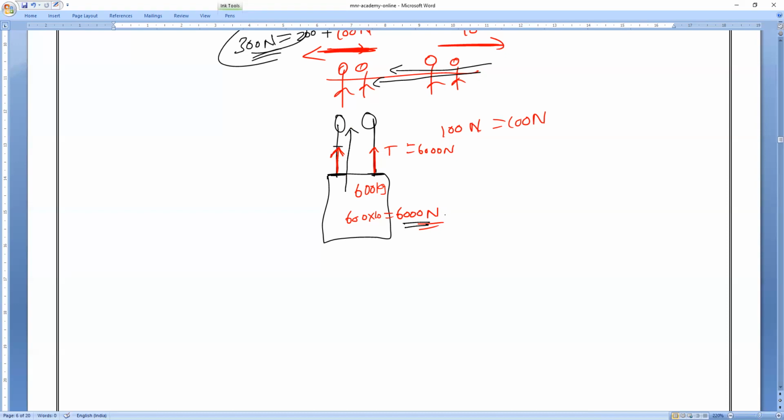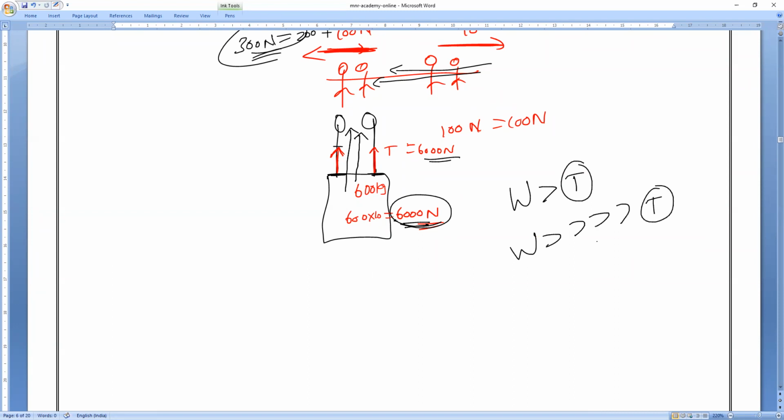Or some lifts, suppose there is no proper technology. Nowadays, with advanced technology, the lift won't move unless the weight is less than the tension. Suppose some lift starts moving upward, but the weight is greater than the tension. If it is a little bit of variation, no problem. If the weight is greater than the tension, what will happen?